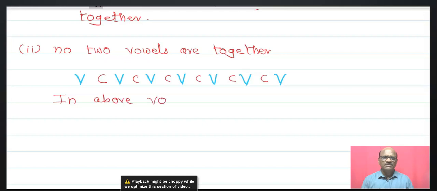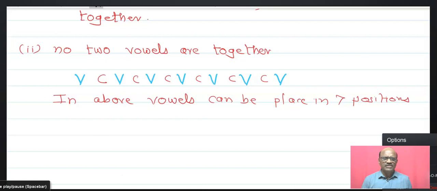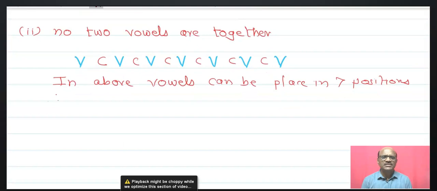In the above, vowels can be placed in 7 positions. If we count it, you will get 1, 2, 3, 4, 5, 6, 7. 7 positions and 3 vowels. Therefore, they can be arranged in 7P3.